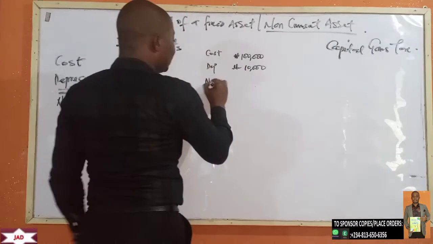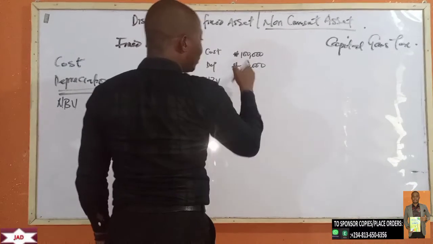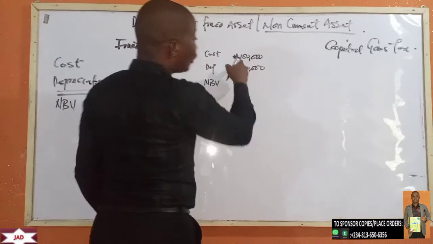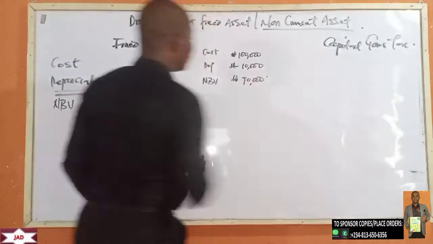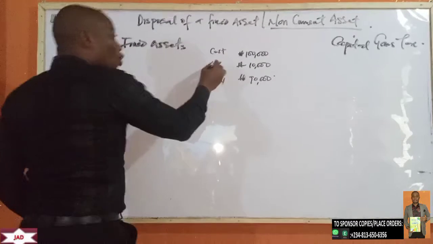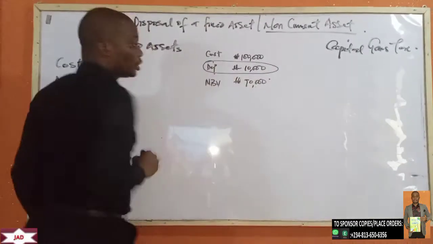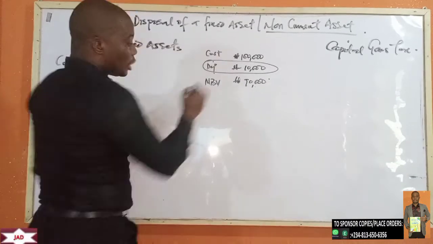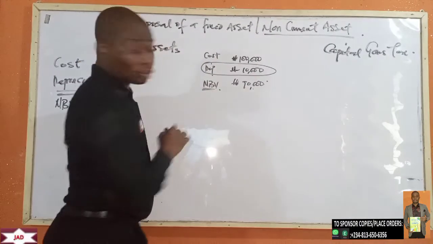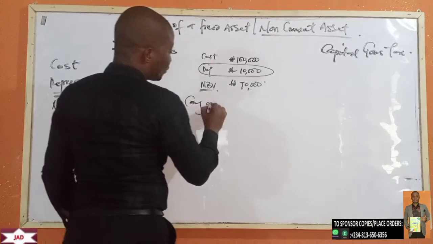So the net book value will be 100,000 minus 10,000, which is 90,000. After considering the depreciation, what value is the asset carrying? That we call net book value. You can also call it carrying amount.